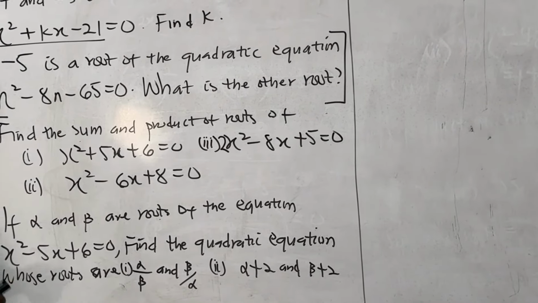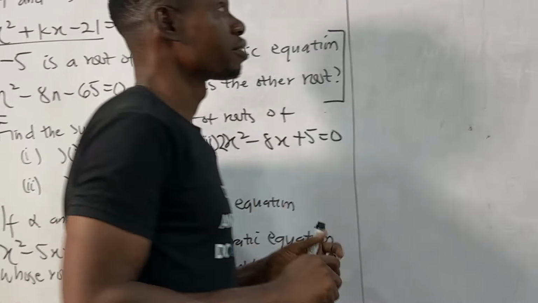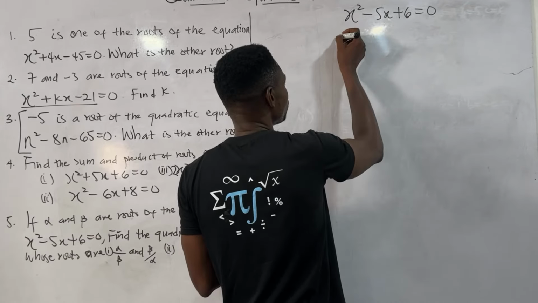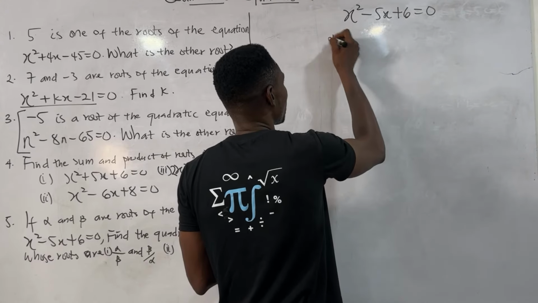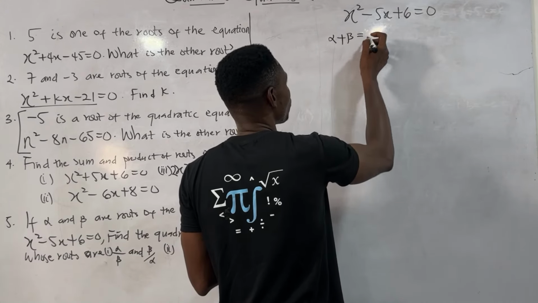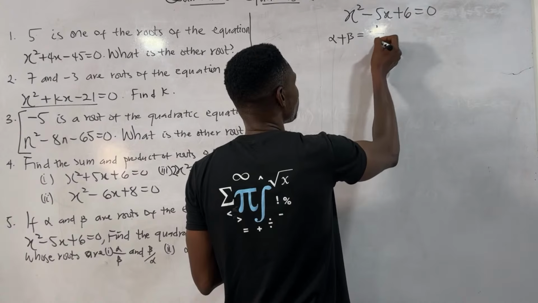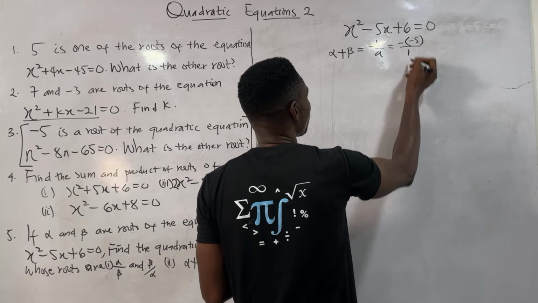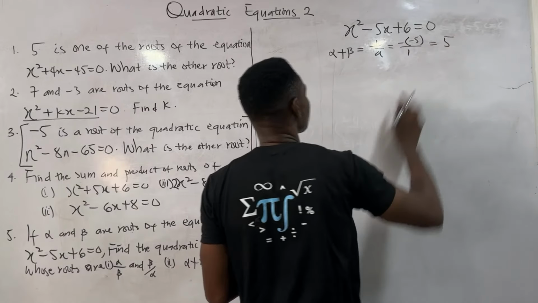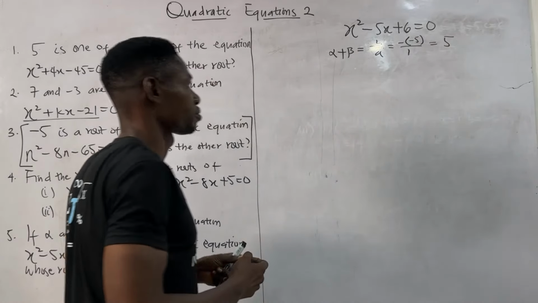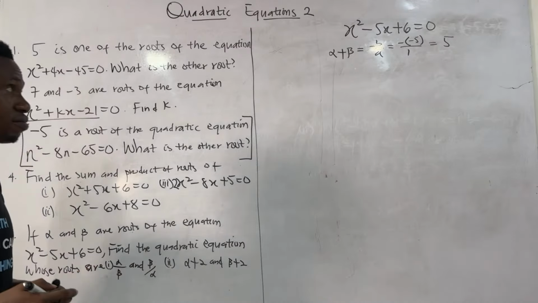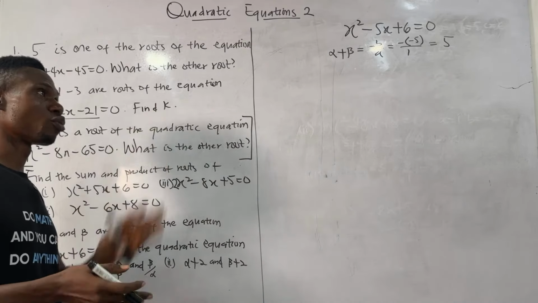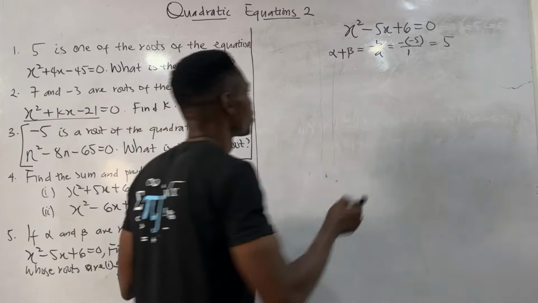And before we proceed, let's establish what we already did earlier. Now the sum of roots first for this, alpha plus beta equals what? Minus b over a, right? So which is minus minus 5 over 1, which is 5. So alpha plus beta is 5 based on the equation we have.